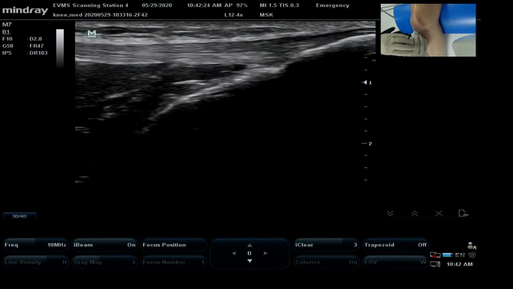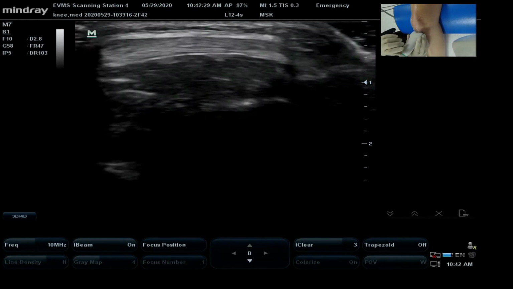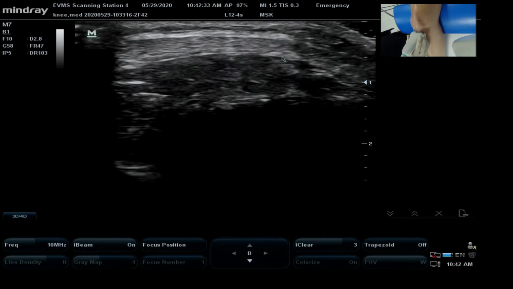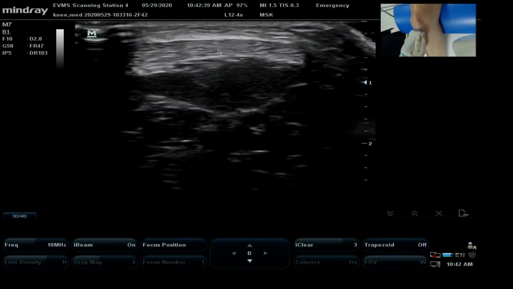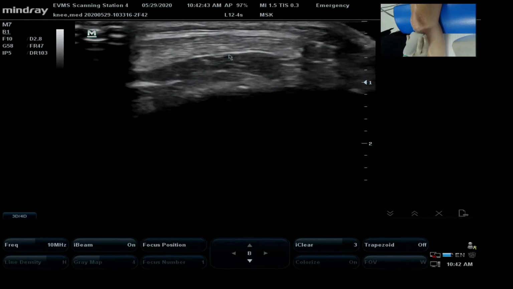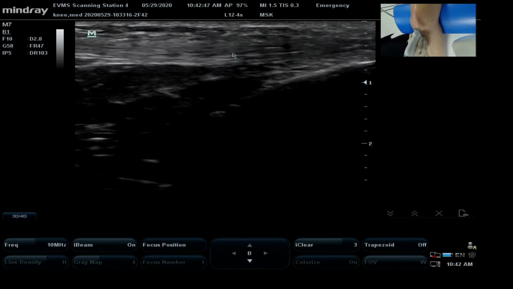Now I can turn transverse, and I want you to appreciate just how wide this patellar tendon is, all the way out. And we could run up and down, proximal to inferior, and see the width of that tendon. I'm going to turn long on it one more time. So that's the patellar tendon.